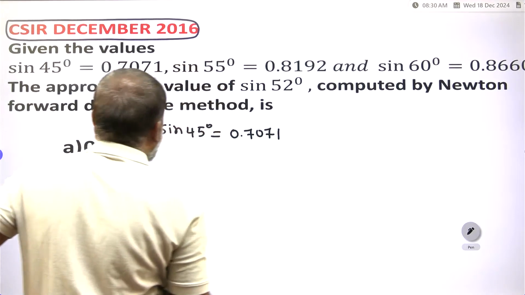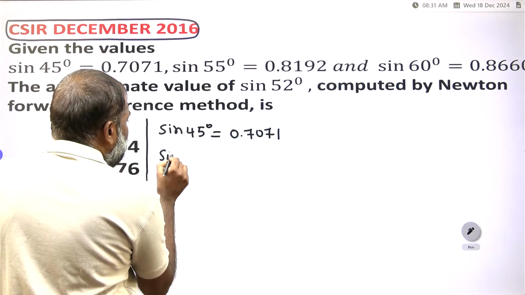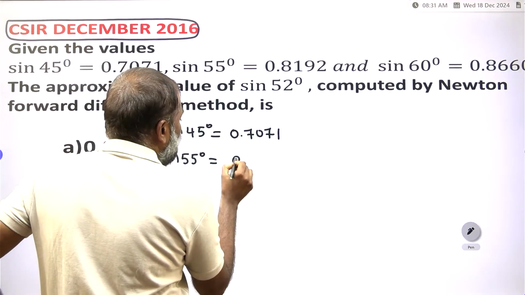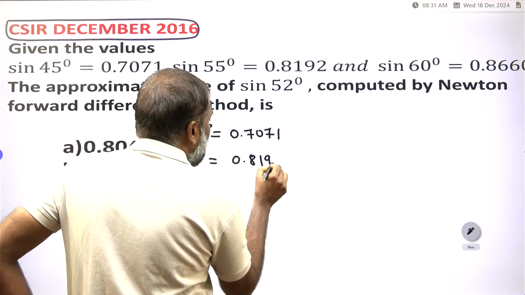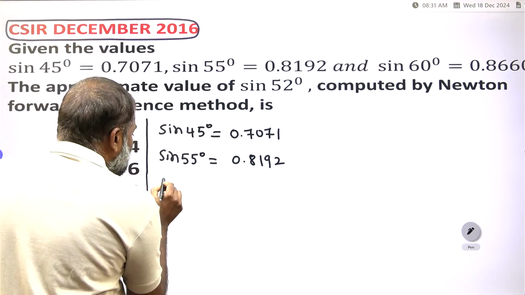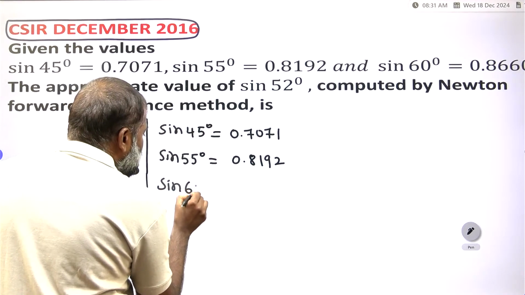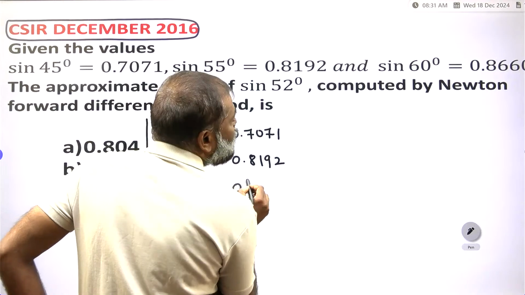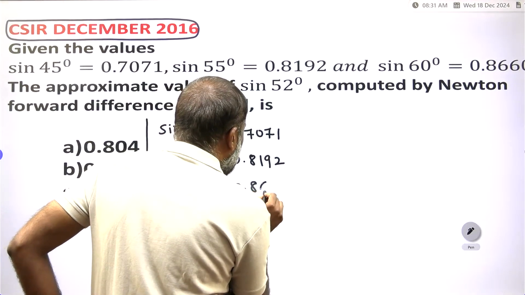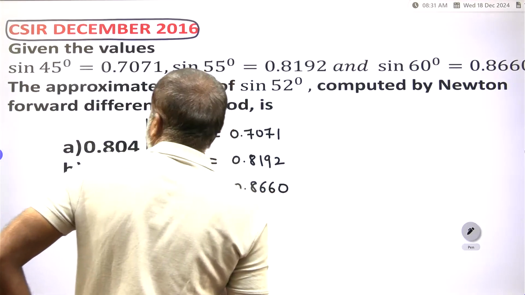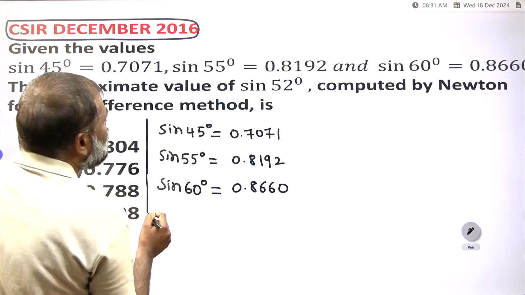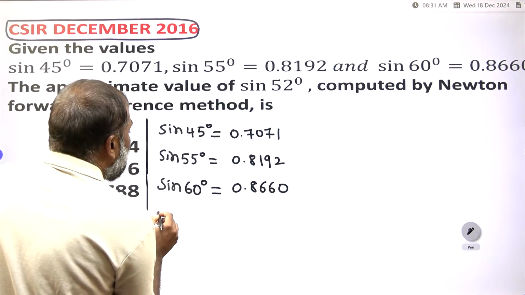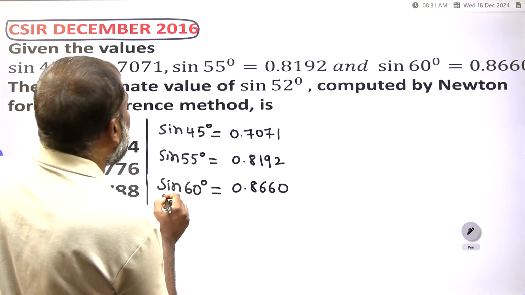Sin 55 is equal to 0.8192, and sin 60 is equal to 0.8660. They are asking for sin 52.